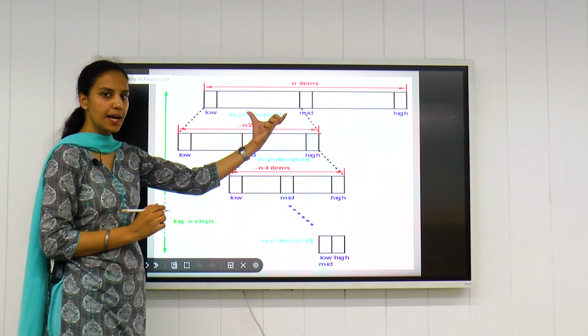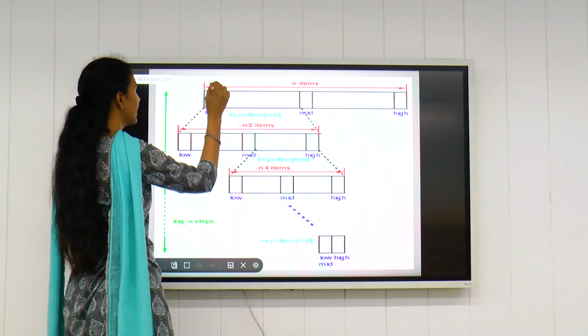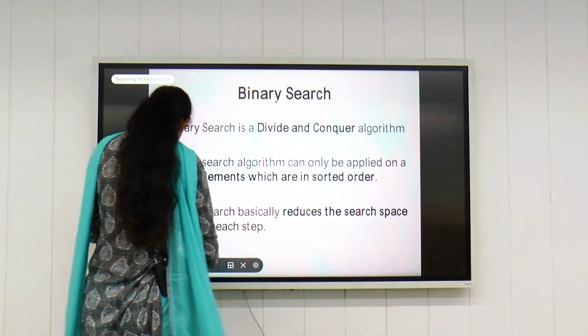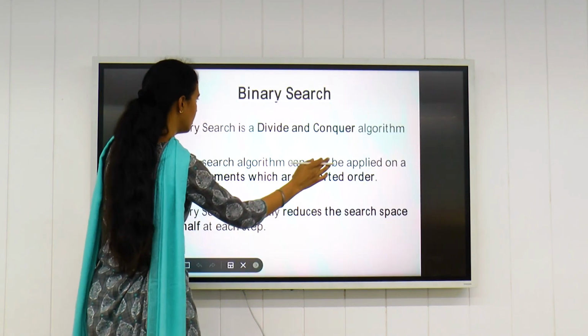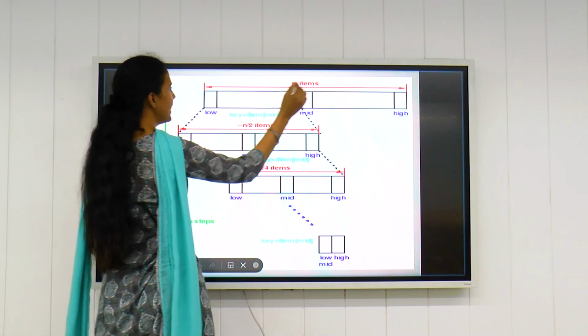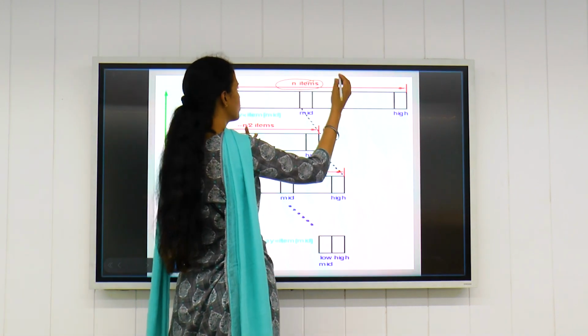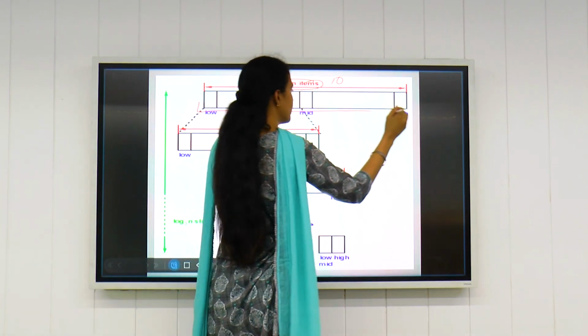Suppose this is an example of how binary search works. We have a list of elements given. Suppose this is n number of elements. That means, suppose n is 10. In this whole list we have 10 elements.